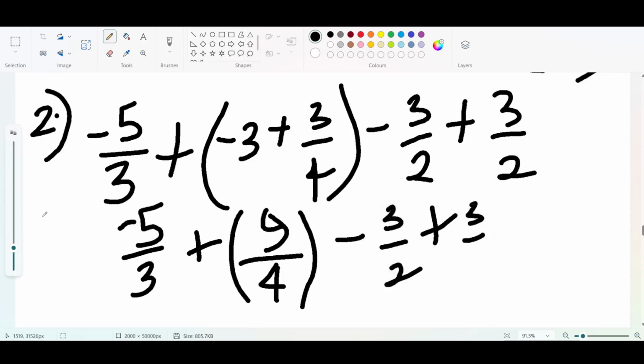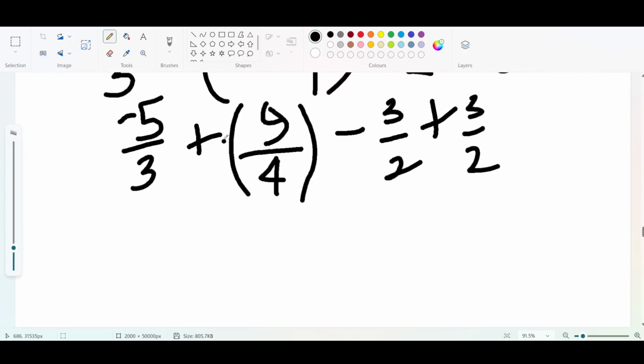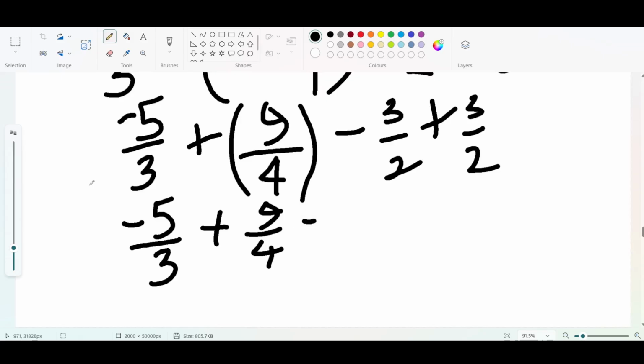At this point, there is no number outside. If there is no number outside, it shows that that number is 1, and it is that 1 that will open these brackets. So that bracket will just be opened with 1. So minus 5 over 3 plus 9 all over 4 minus 3 all over 2 plus 3 all over 2.